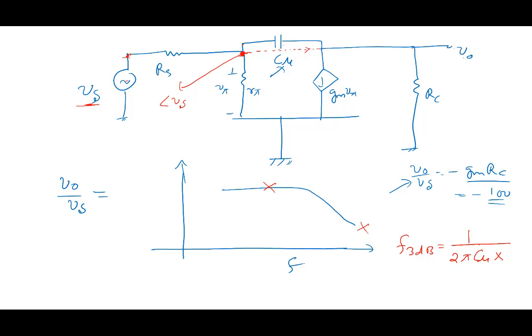Multiplied by what? Rs parallel rπ, plus RC parallel 1 by gm. Okay, so it's not straightforward. So what we need to do is what I would suggest is all of you to do this.